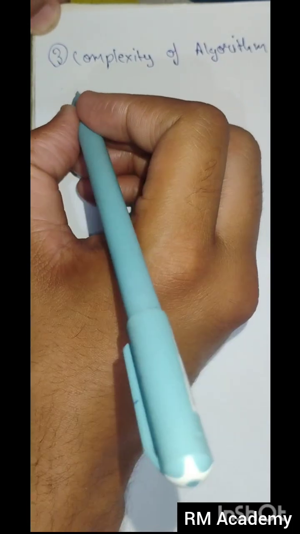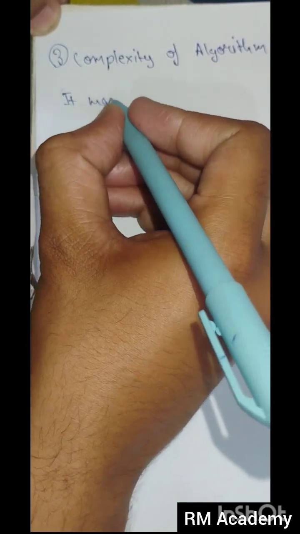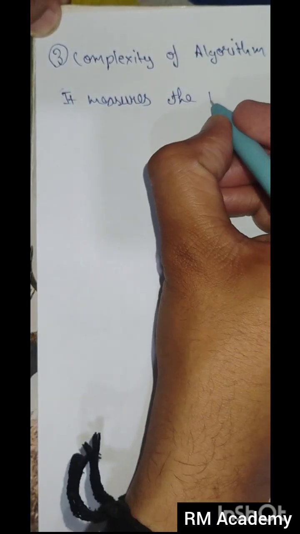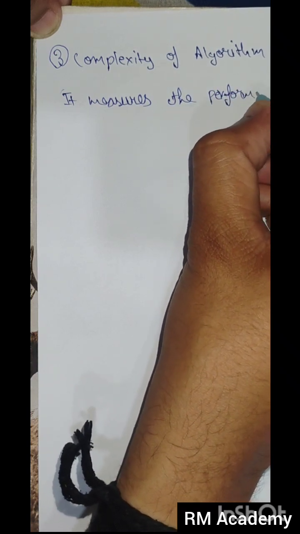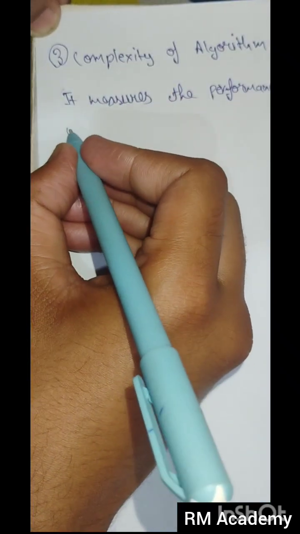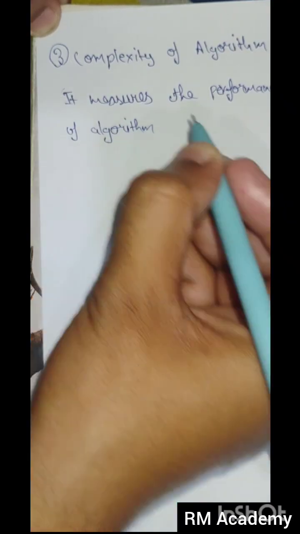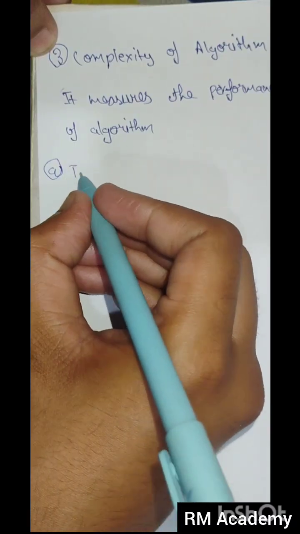In simple words, we can say that it measures the performance of algorithm. There are two types of algorithm complexity. First is time complexity.